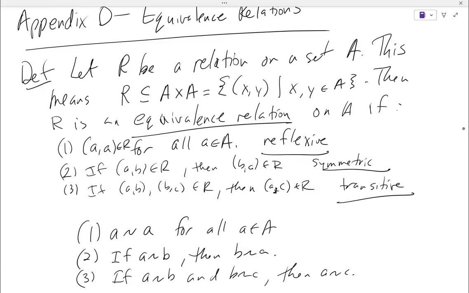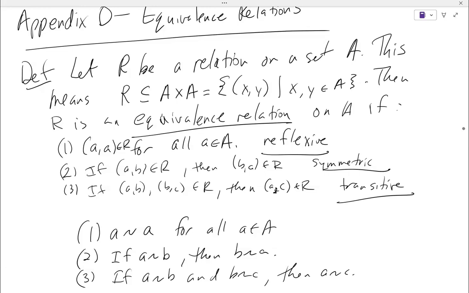But if there's only one relation, there's not a lot of point to put the subscript on there, and we understand which one it's coming from. I also want to mention that sometimes we call equivalence relations congruence relations, and we will actually use the word congruent when we do modular arithmetic next Tuesday.